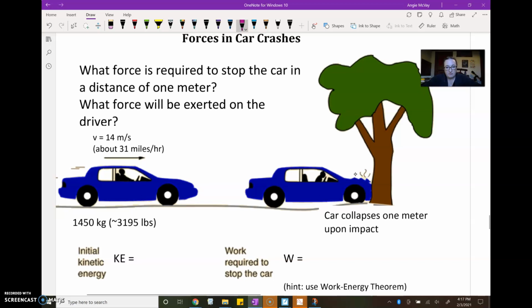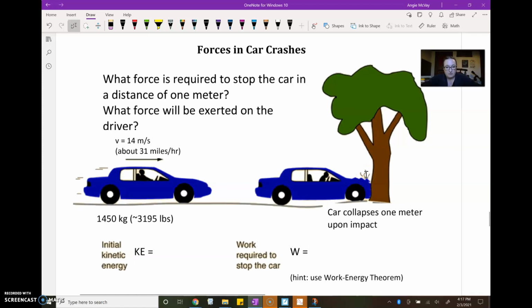Okay, so this might not be a realistic example, but it was some clip art that was easy for me to grab. And so we've got a car traveling at a speed of about 31 miles an hour, so kind of slow, almost school zone or neighborhood speeds. And that's 14 meters per second.